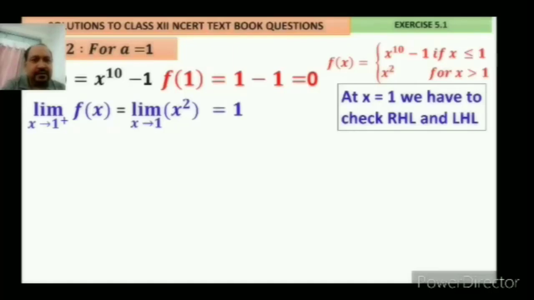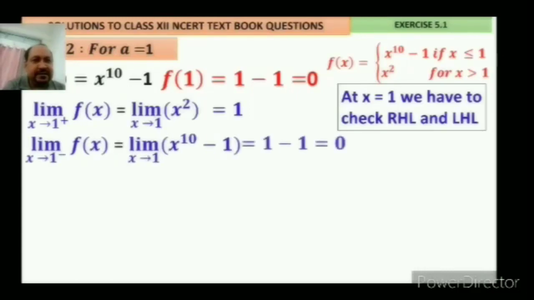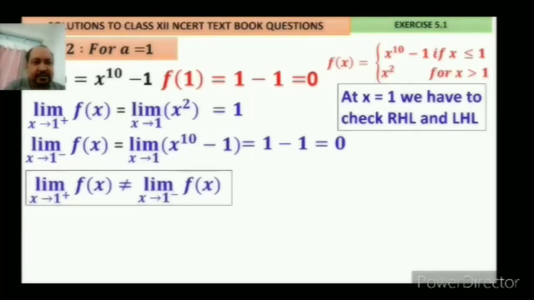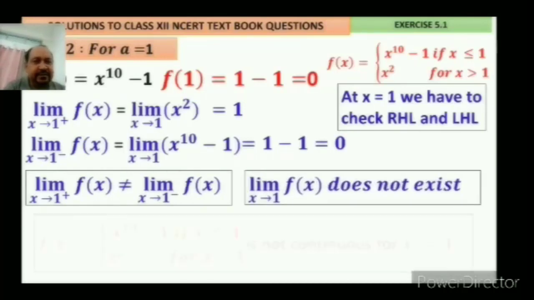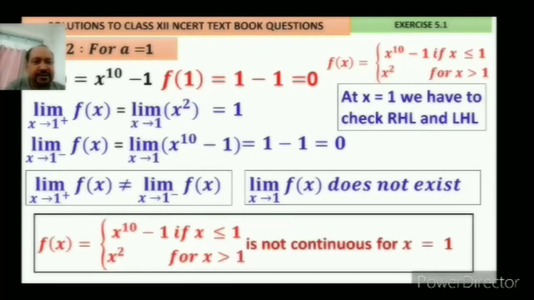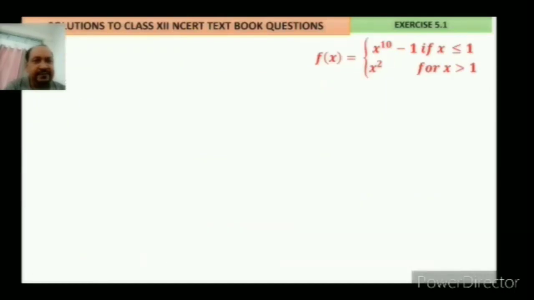So the value of RHL is 1 and the value of LHL is 0. As you observed in this question, the right hand limit is not equal to the left hand limit. Therefore, you can conclude that the function is not continuous at x equal to 1.